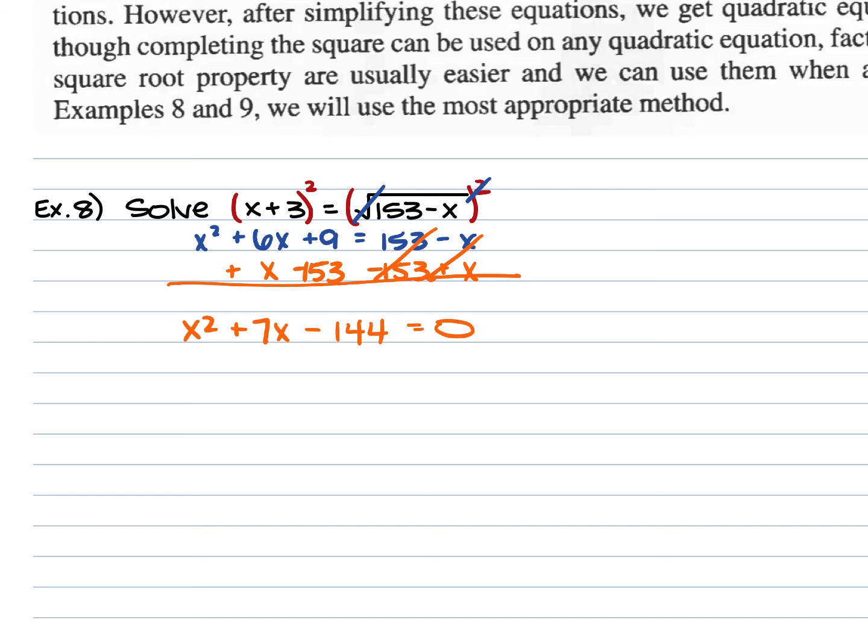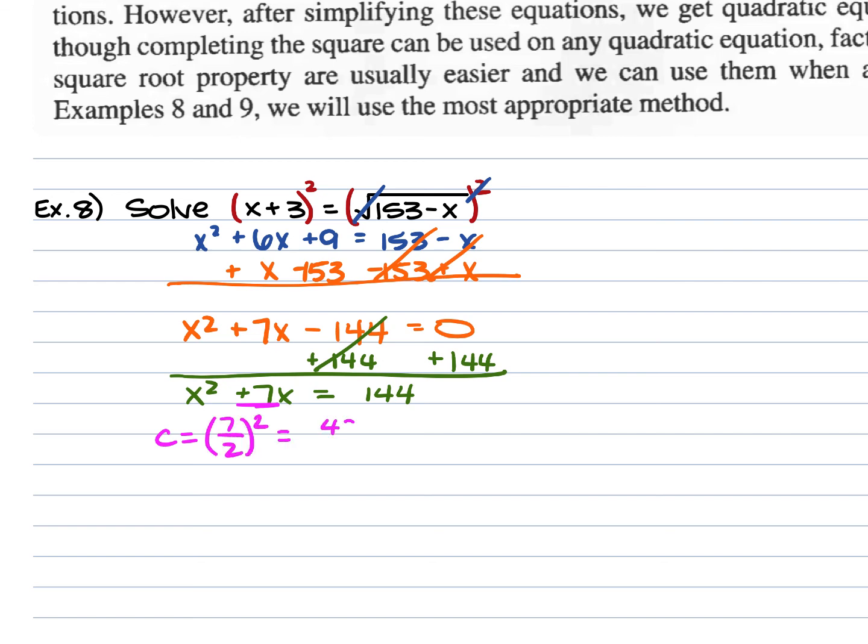From here, we can use the completing the square method in order to solve this. We can move that 144 over by adding it to both sides. We're going to have x squared plus 7x is equal to 144. From here, your b is 7, so to find your c term, you're going to do 7 over 2 squared, which is 49 over 4.